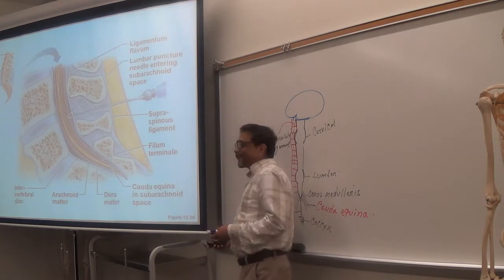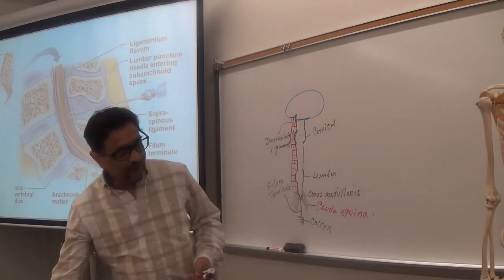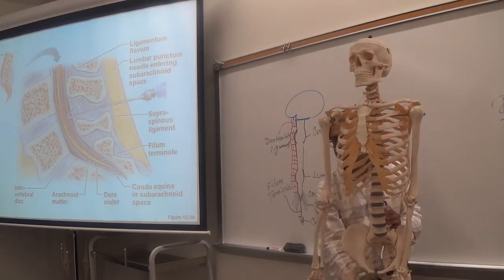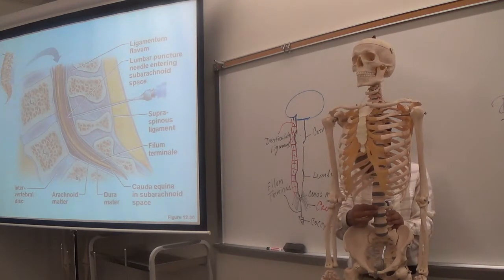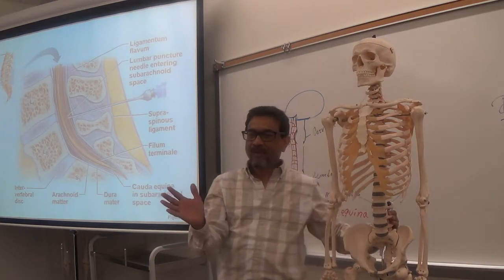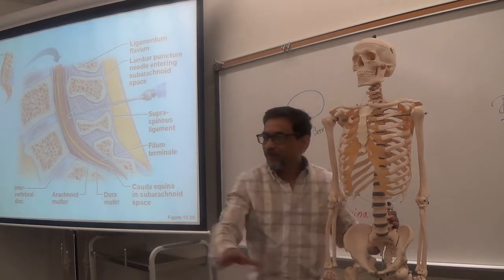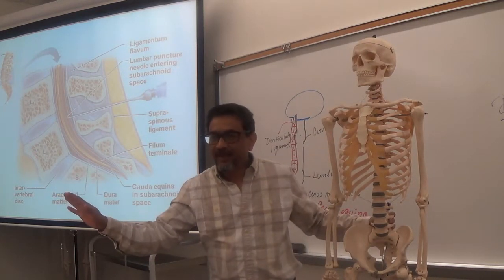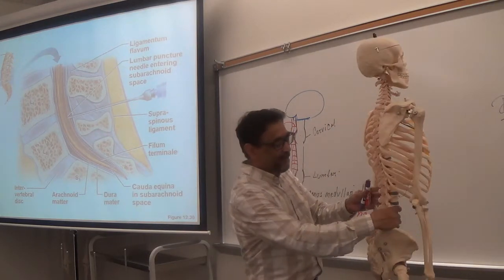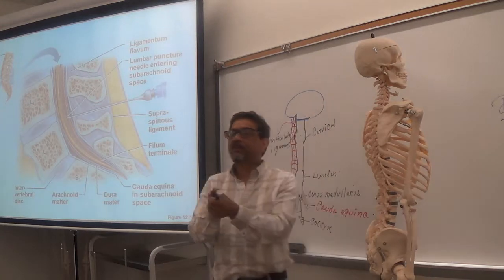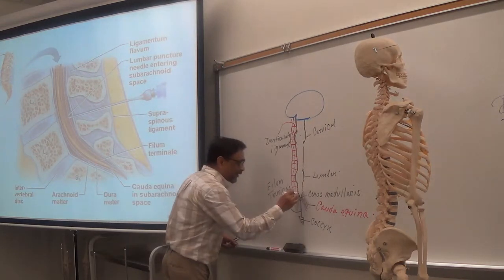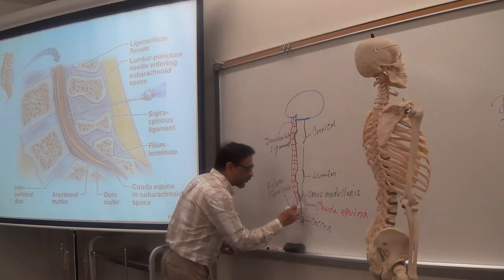Now, as you know that spinal cord ends at which level? Lumbar 1, sometimes lumbar 2, right? So below lumbar 2, definitely there is no spinal cord. Make sense? And we use that area below lumbar 2 to collect the cerebrospinal fluid, because you see the covering meninges continues.